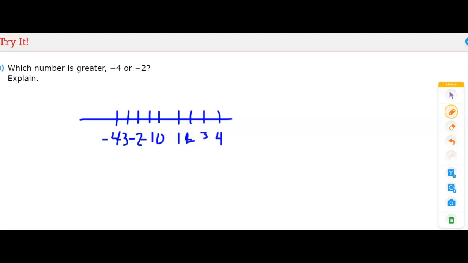And so then you would see that here is our -4, and then here is -2. The greater number would be the one closest to the 0, and that would be -2. And that's how you would explain which of the two is the greatest.